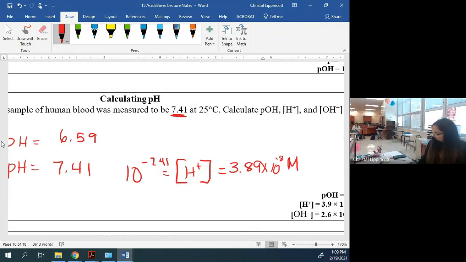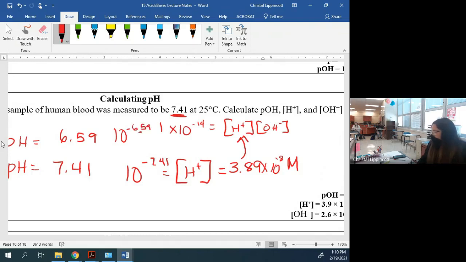Okay. And then if we have this value, we know that 1 times 10 to the negative 14 equals our hydroxide concentration times our hydronium concentration. So I have this value. I now have this value. I can kick that up here, so I can solve it this way. Or I could also take 10 to the negative 6.59.